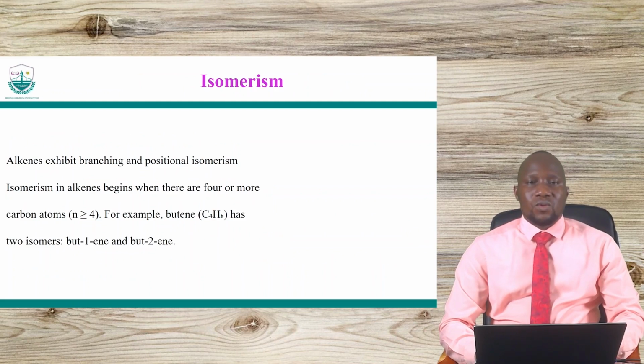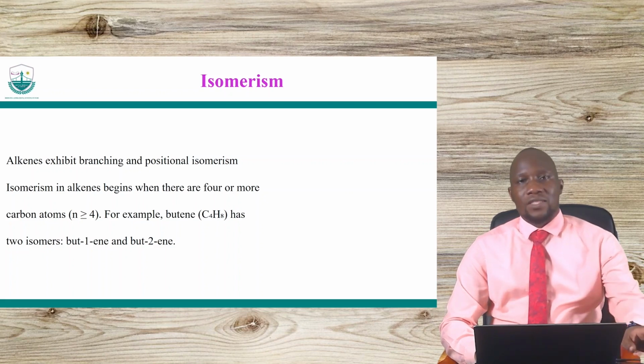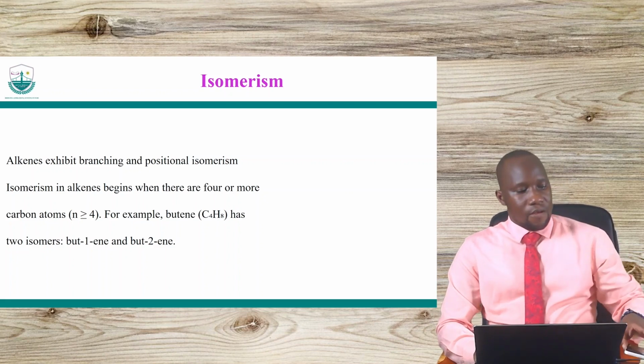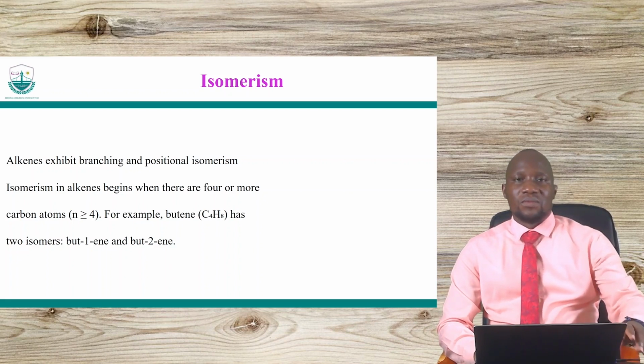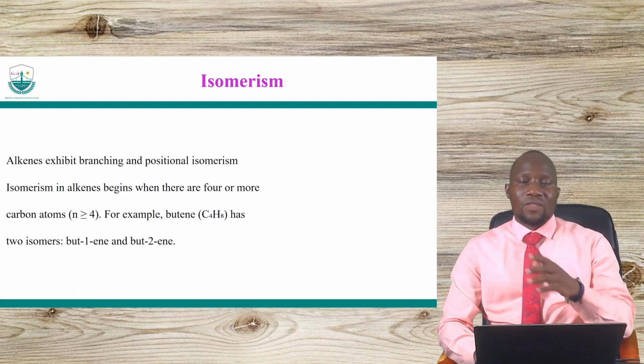So they exhibit what is called isomerism, and perhaps we're introducing this concept for the first time. In my earlier explanation, the emphasis was on the position of the methyl group, the position of the atoms.